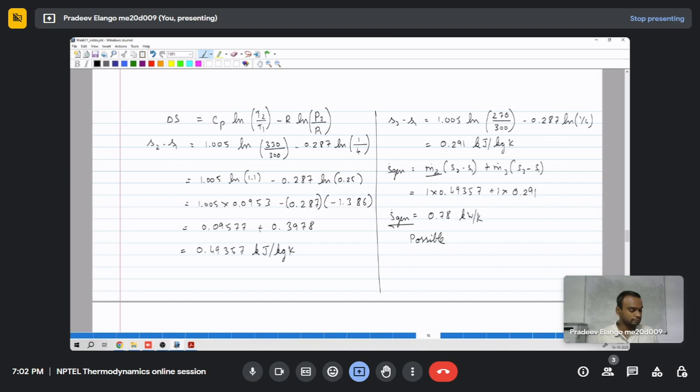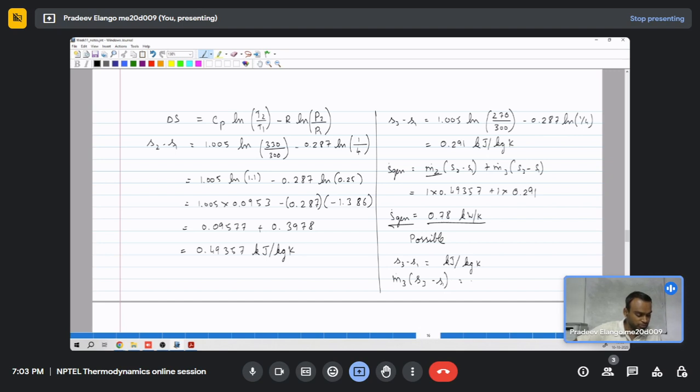Sir, this final answer 0.78 is kilowatt per Kelvin? Yes, Kelvin. How are we getting this? With S3 minus S1 we had kilojoule per kilogram Kelvin. Now we multiply with mass flow rate, that is m3 into S3 minus S1.